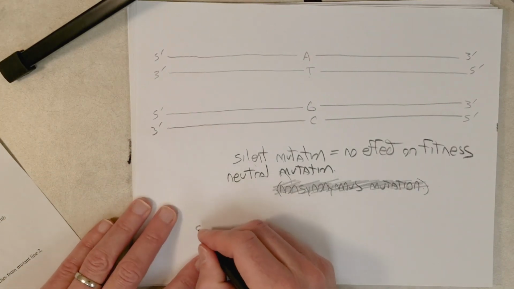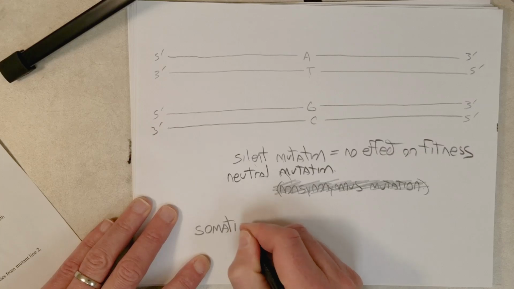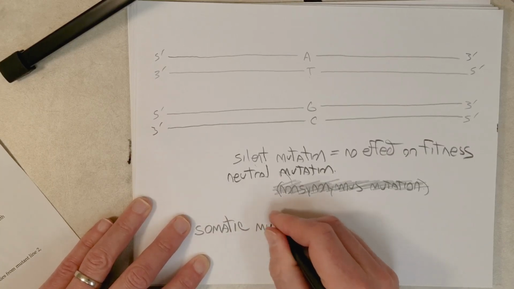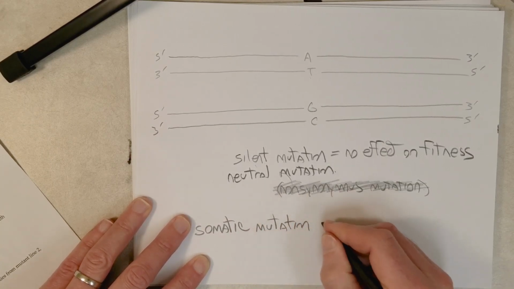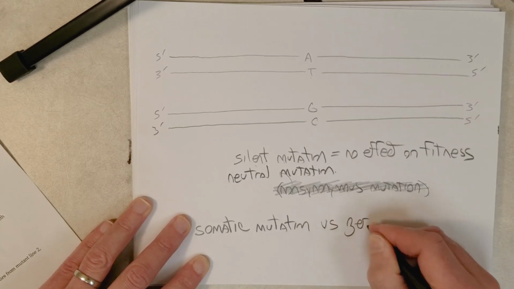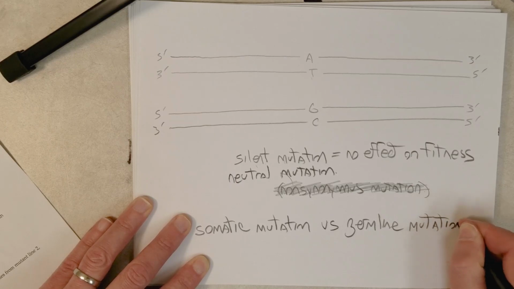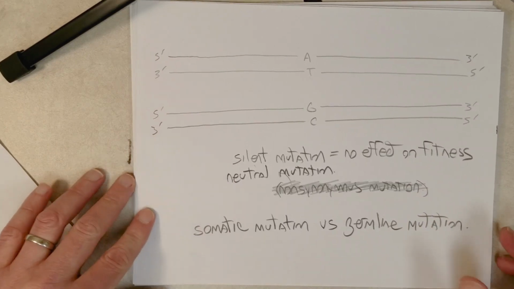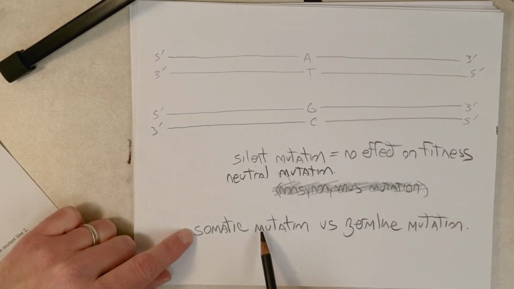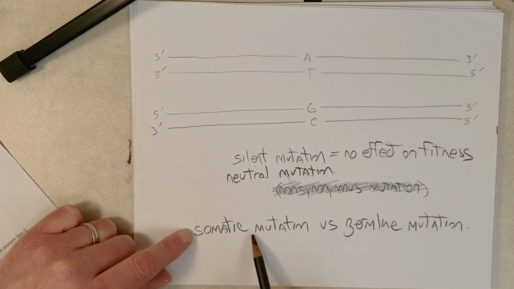So just two more things, very easy terms: somatic mutation versus germline. So somatic mutation is any mutation that occurs in a somatic cell. So what is a somatic cell? It's any cell that's not part of the germline.